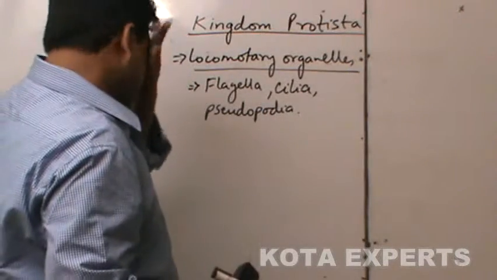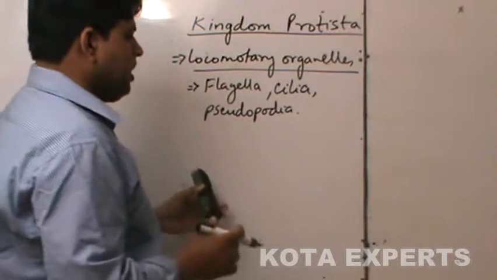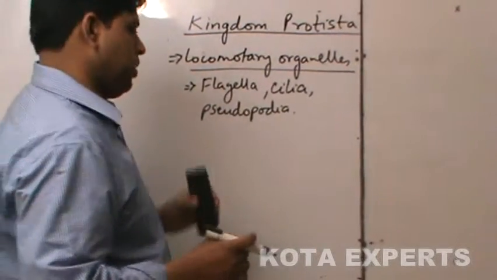So these are some of the locomotory organelles of kingdom Protista: flagella, cilia or pseudopodia.